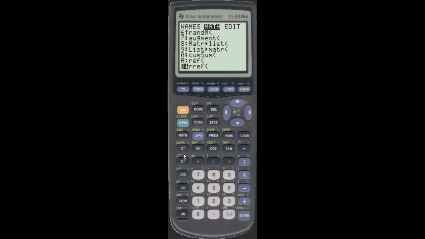Double check that you've entered it correctly, because that's where most of the mistakes are made, not in anything else. It's just getting it in the calculator right. So second matrix, math, and then RREF is the one you're going to use most of the time. Okay, got that. Simple enough.